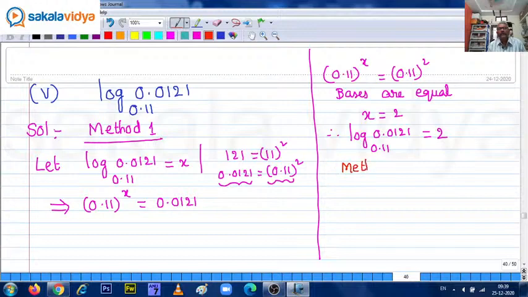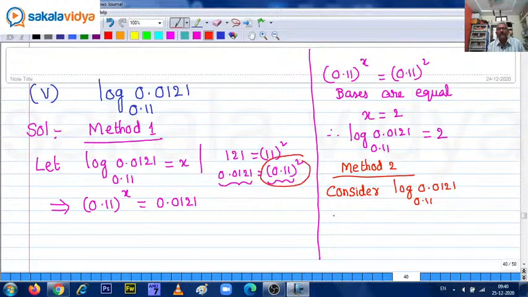Now method number 2. So consider, this value needs to be evaluated: log of 0.0121 to the base 0.11. This can be written as 0.11 square, so log of 0.11 square to the base 0.11.